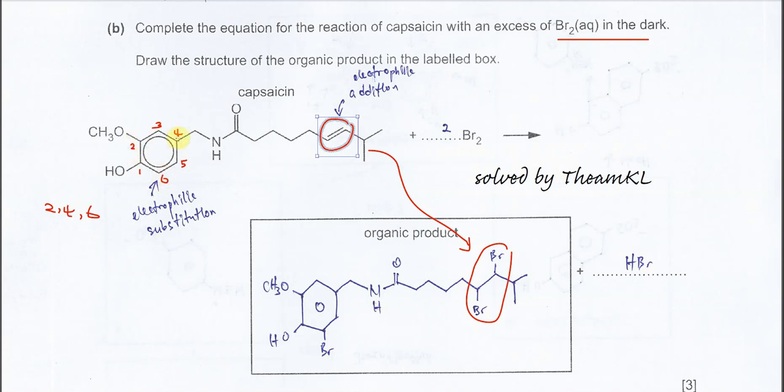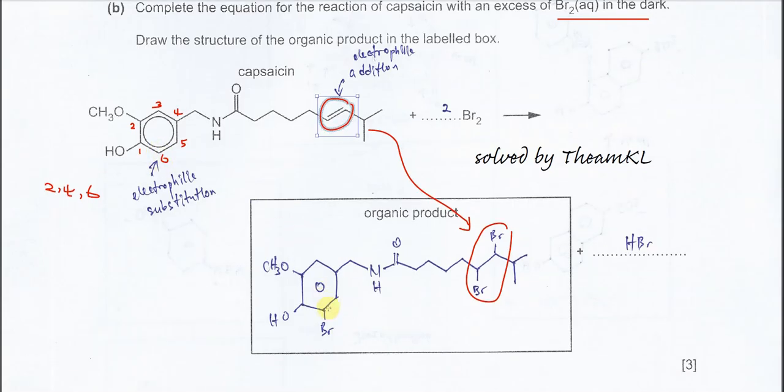The second and the fourth carbon already have a substituent, so the bromine will be directed to this carbon. It means the bromine substitutes the hydrogen on this CH. In a simple way, we say that the OH directs the bromine to the sixth position.